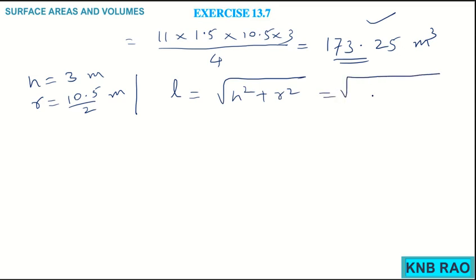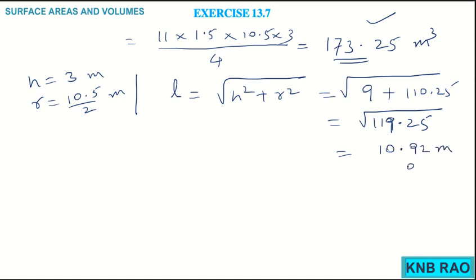On substitution, 9 plus 10.5 square is 110.25, which is going to be 119.25. If you find square root of this 119.25, you know the procedure. Using dot method or bar method, we will get 10.92 meter approximately as the slant height. So, 10.92 meter we got.